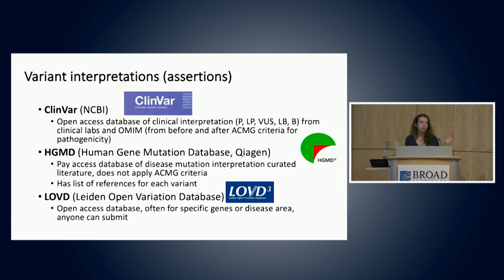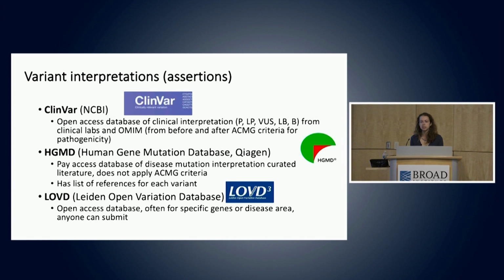ClinVar, I've mentioned, and you're going to hear a lot more about through the rest of the course, is a place where clinical labs and research papers put their information about how they're interpreting the pathogenicity of variants. HGMD, or Human Gene Mutation Database, is a pay access database, although there is a publicly accessible form that doesn't have the most recent things added, but you have everything that's a year or 18 months old and older.